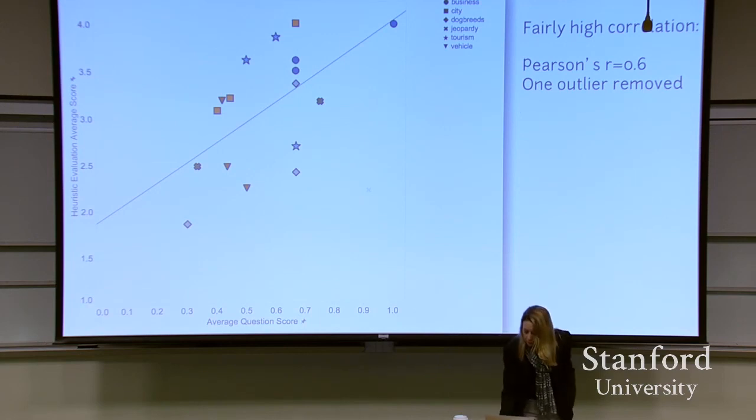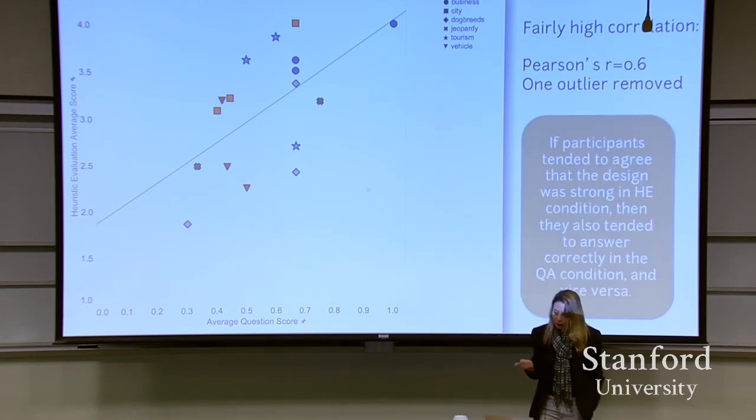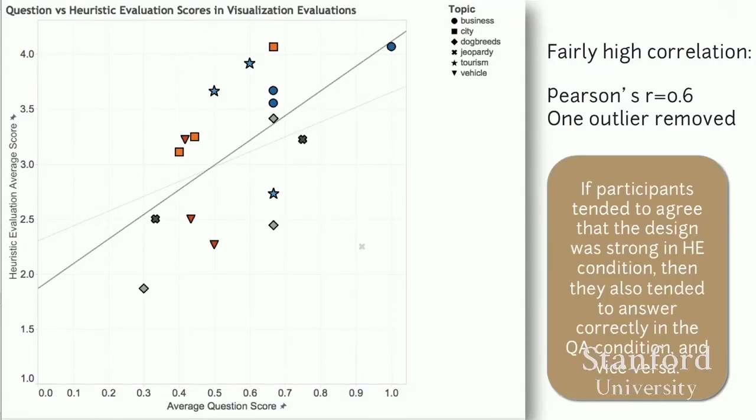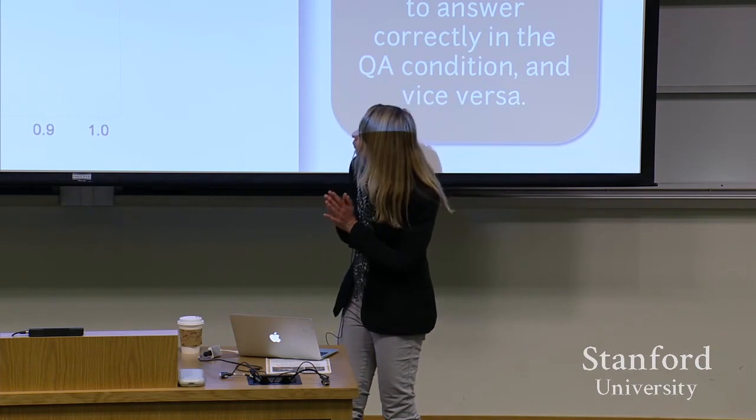So if participants tended to agree that the design was strong on the HE condition, then they also tended to answer correctly in the QA condition and vice versa. So we found a moderately strong correlation between the two. That was really interesting.